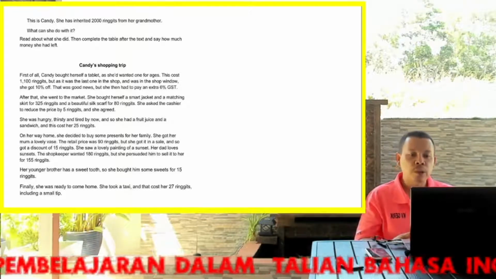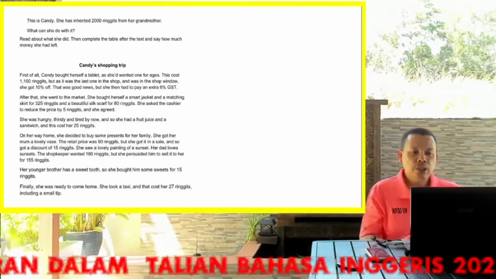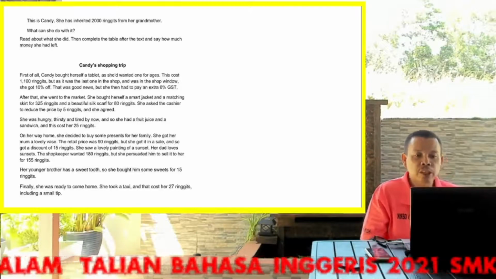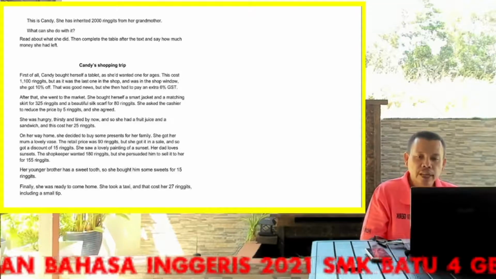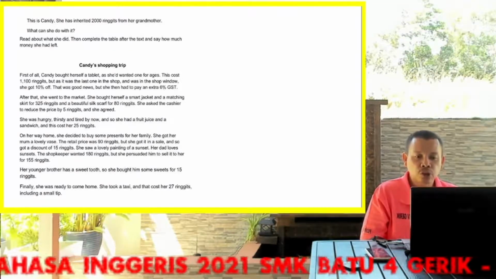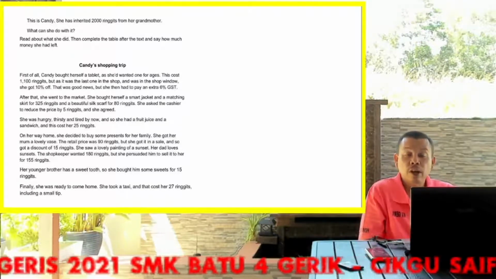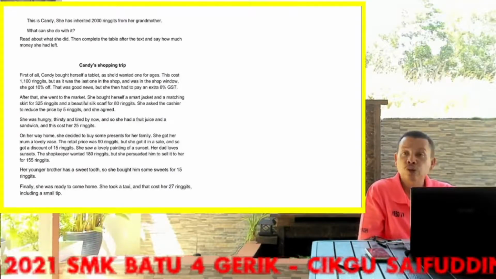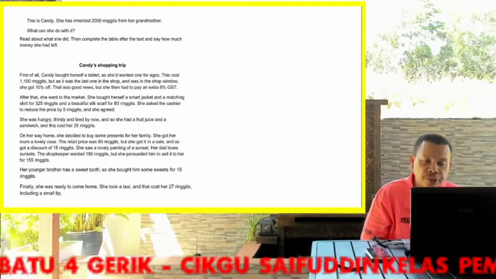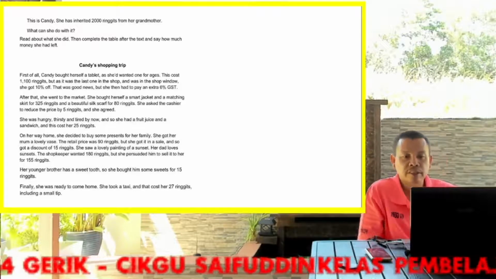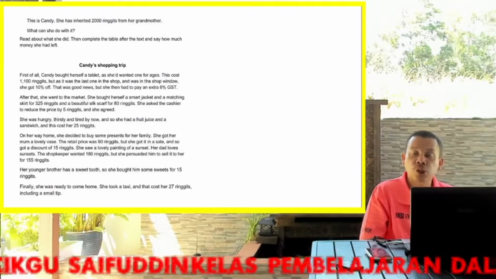So the shopkeeper wanted 180 ringgit, but she persuaded him to sell it to her for 155 ringgit. Her younger brother has a sweet tooth, so she bought him some sweets for 15 ringgit. Finally, she was ready to come home. She took a taxi and that cost her 27 ringgit, including a small tip. That's all the text for Candy's shopping trip.